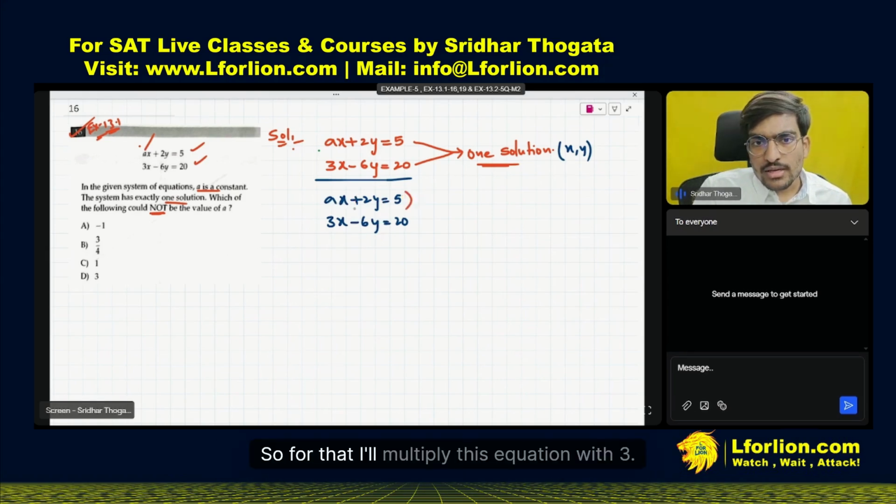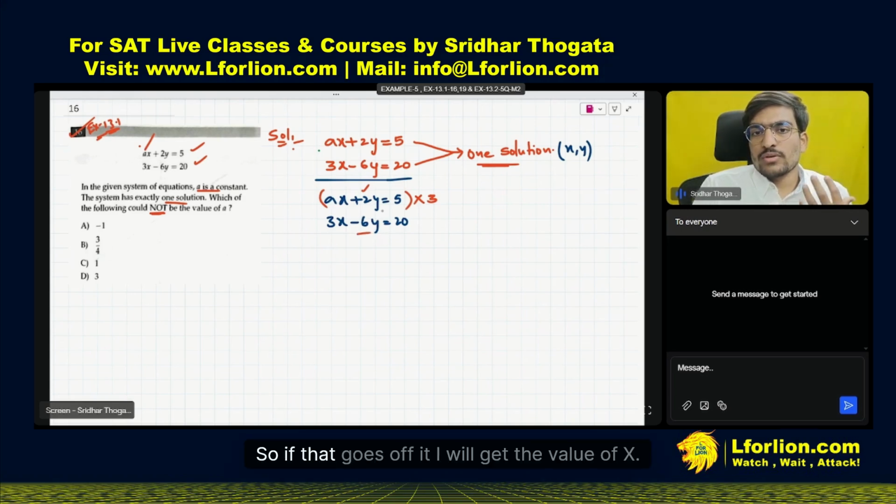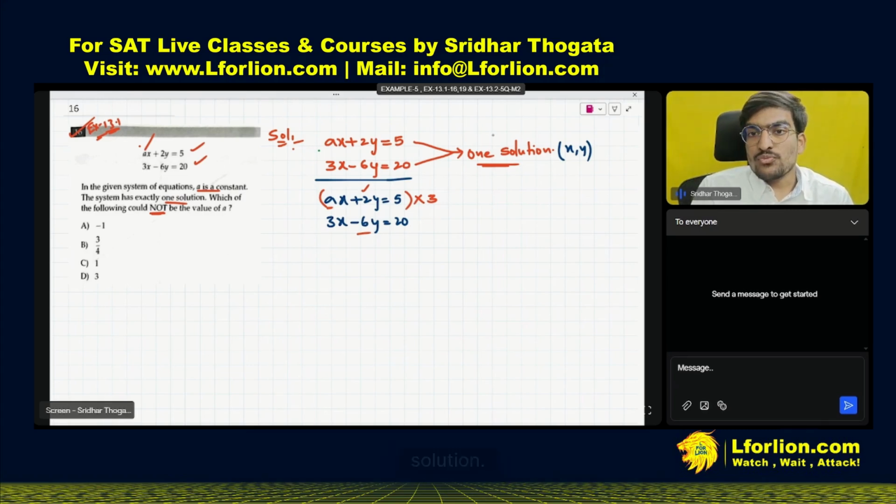So for that, I'll multiply this equation with 3. Why? Then this y term changes to 6y, that is positive 6y, this is negative 6y. So if that goes off, I will get the value of x, which means for the given equations, it has one solution. If that is not working, then it doesn't have any solution.